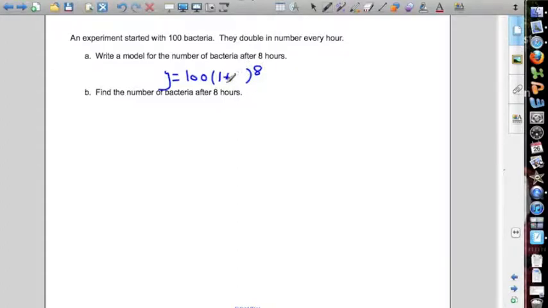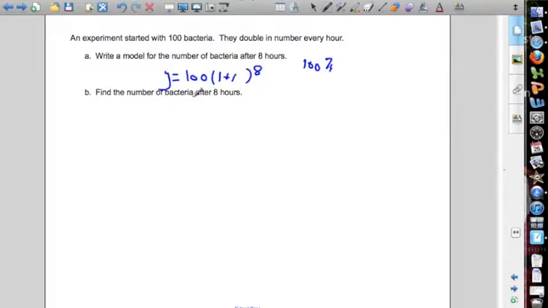This is the one I have to think about, that rate of growth. It's doubling, and when something's doubling, it's going up 100% of what you had before. So since it's going up 100% from what I had before, that means it's going to go up 1. So it's going up 100% every hour. To turn that into a decimal, I move it over 2 places to the left. That is 1. Now 1 plus 1 simplifies down to 2.